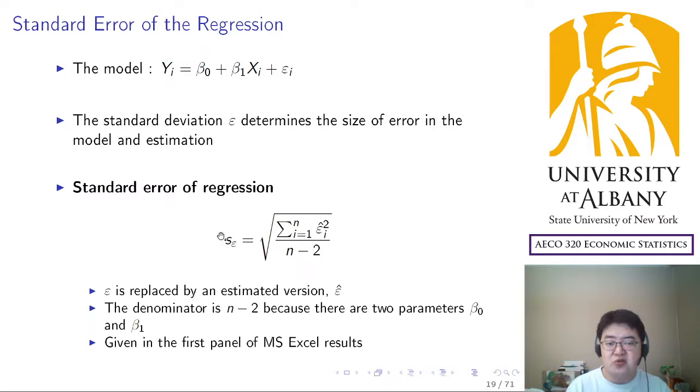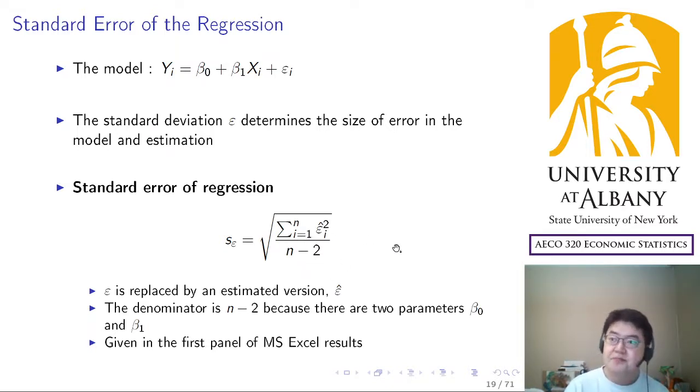So the standard error of the regression is usually denoted by S epsilon, and it is calculated as the standard deviation of epsilon, right? But another strange thing here is n minus 2 in the denominator. Why do we have n minus 2?